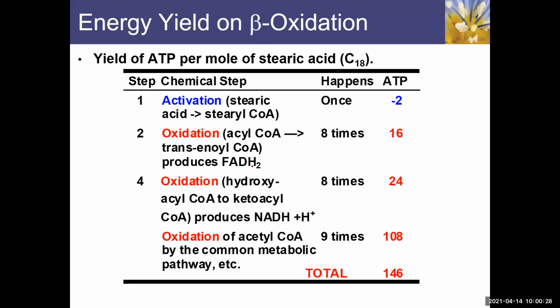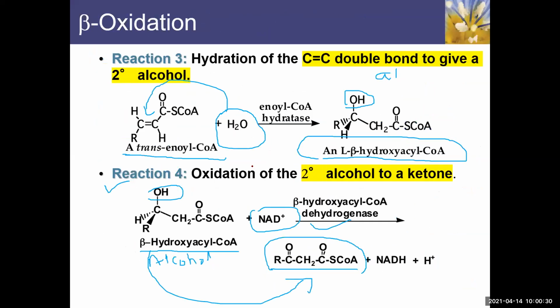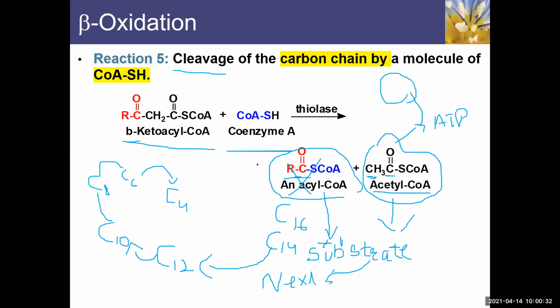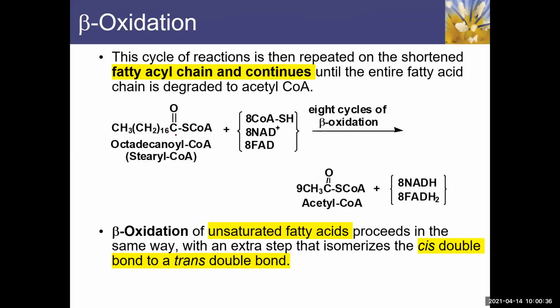Let us go to the next slide now. So you now know that if we started with, how many carbons do we have here? 16 is here, 17 here, and 18 over here. So how many cycles over here?